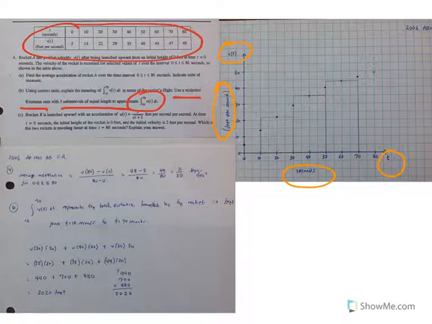So if you take a look at these ordered pairs, we have 0, 5, so I find 0 for time and 5 feet per second for velocity, and I plot that here, and then I have 10, 14, and then I have 20, 22, and then I have 30, 29, and then I have 40, 35, and then I have 50, 40, and then I have 60, 44, 70, 47, and 80 seconds and 49 feet per second.